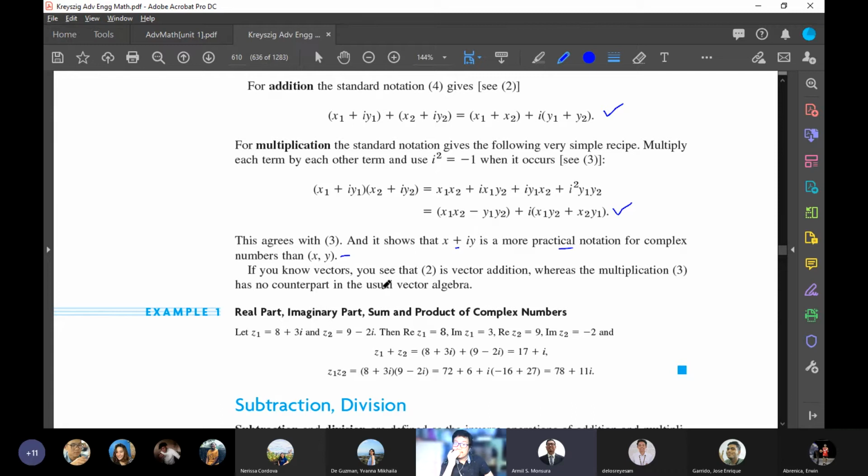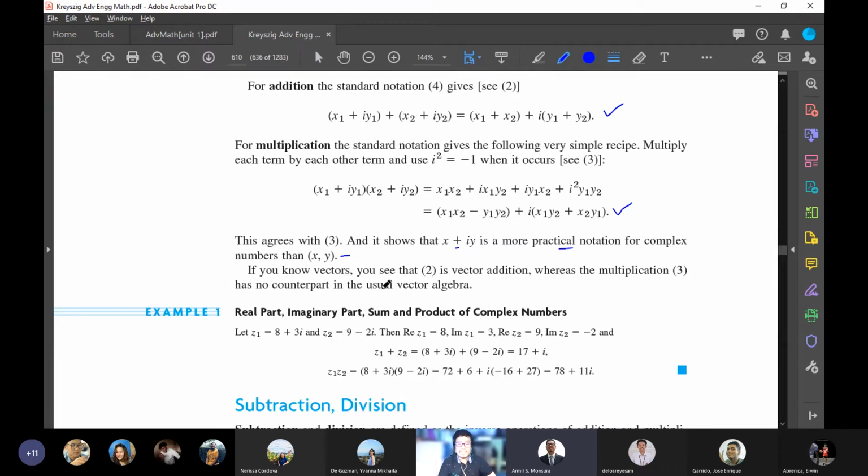That is not the approach taken with you, but that is actually the basis: the differentiation of vectors is based on the differentiation of complex numbers, because complex numbers and vectors are related fields.